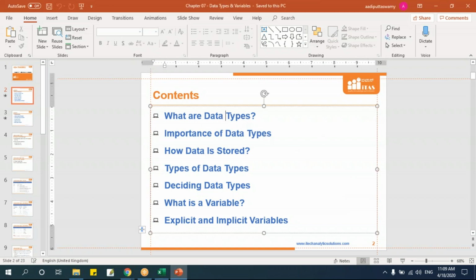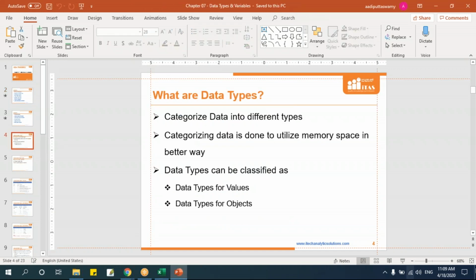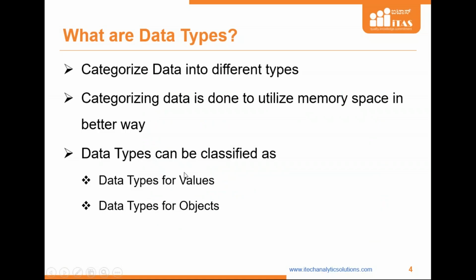Okay, let me repeat what I was speaking. I was talking about data types. Data type means classifying your data, that is, categorizing the data into different types based on the type of data. I was talking about text, numbers, dates, true or false, or some objects.